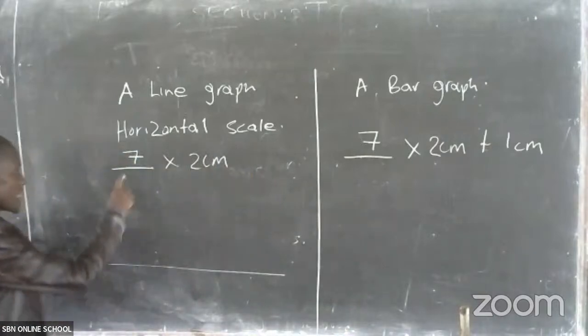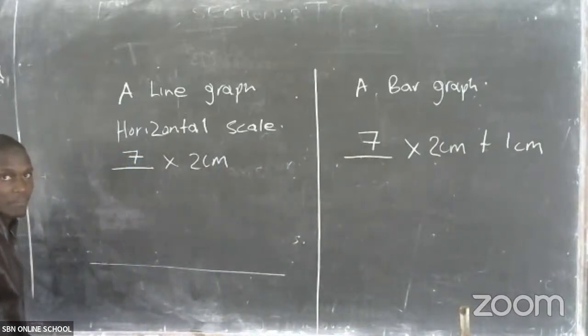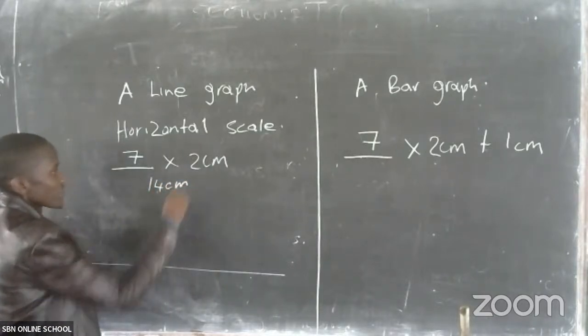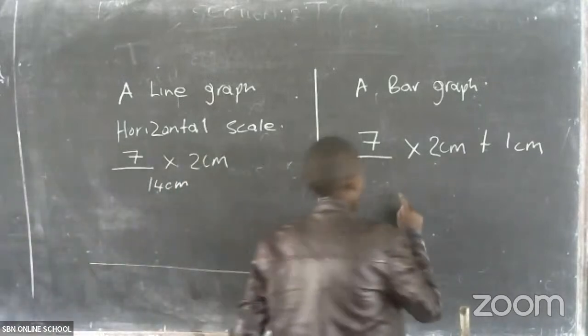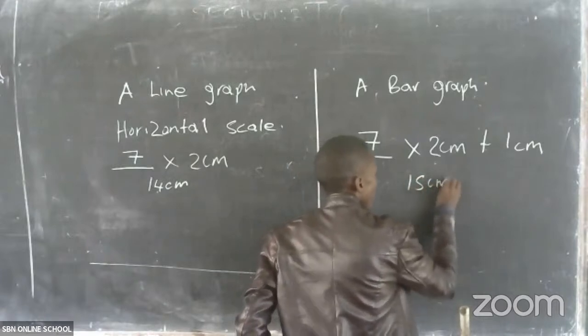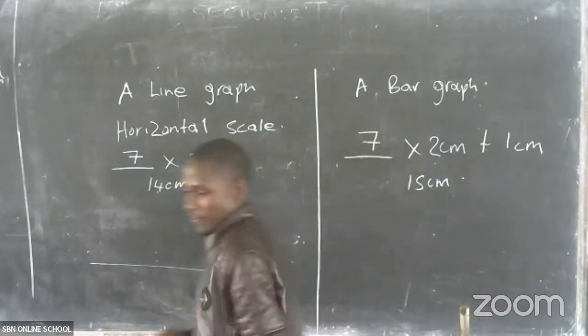So when I multiply here, how many centimeters am I going to get? 14. Here I'm going to have 14 centimeters. Then what about here? 15.